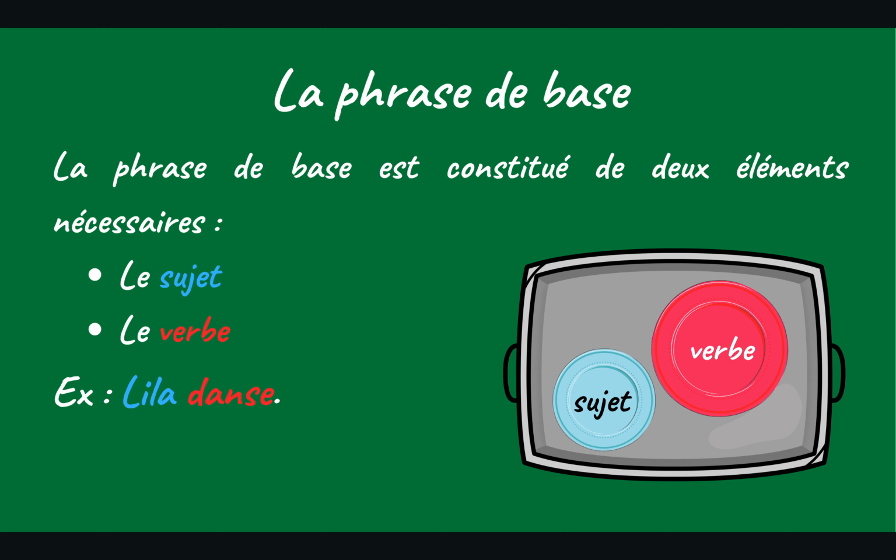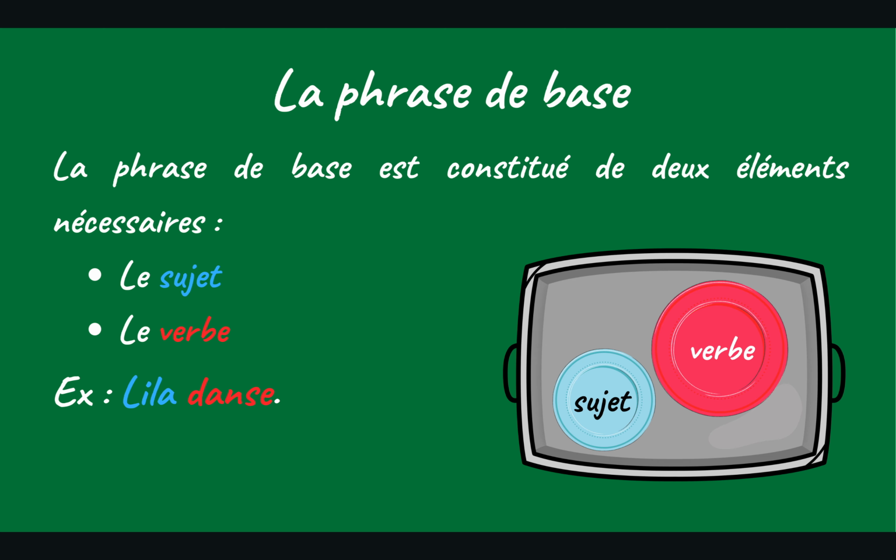So respectively, in English it's the same, the subject and the verb. So these two elements, they are mandatory to make a sentence. Without these two elements, you can't have a sentence. So that's the formula of the basic sentence.